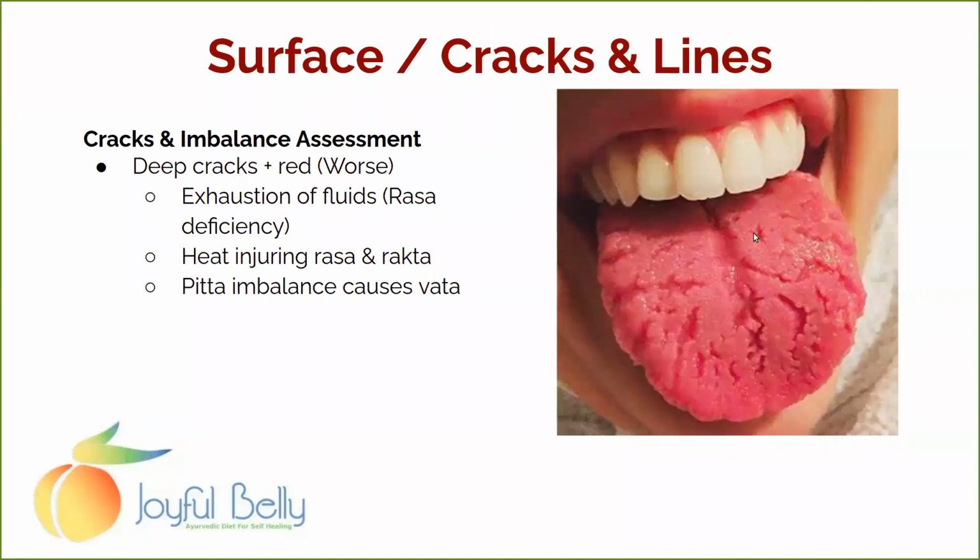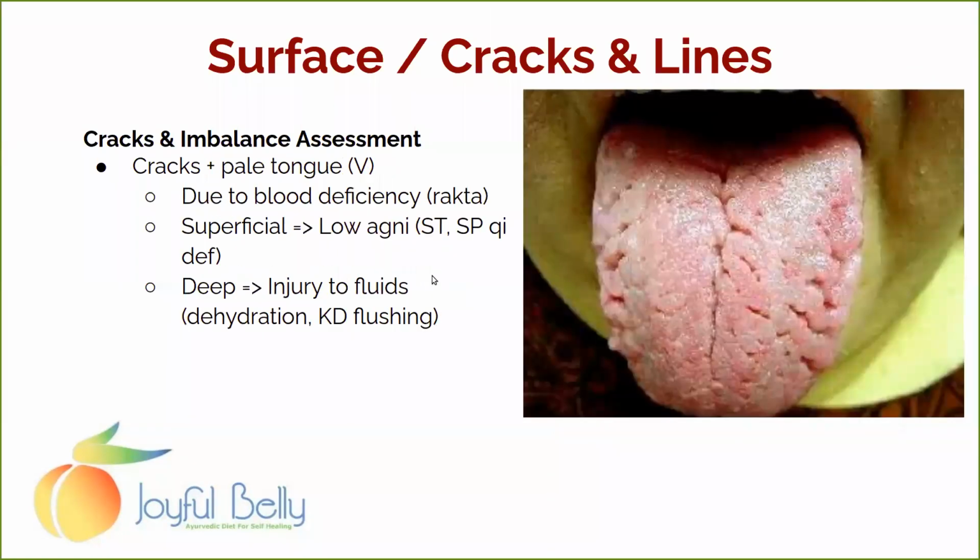Deep, very deep cracks also with redness. So you see here a kind of deep heat condition that's burning off all the coating on the tongue. There's no coating here. Unlike this pale tongue, they don't have enough fire to burn off all those toxins.